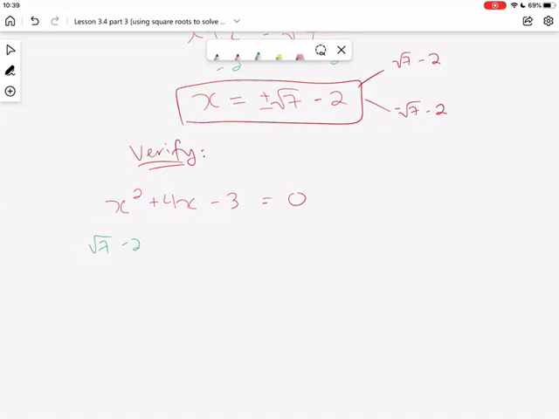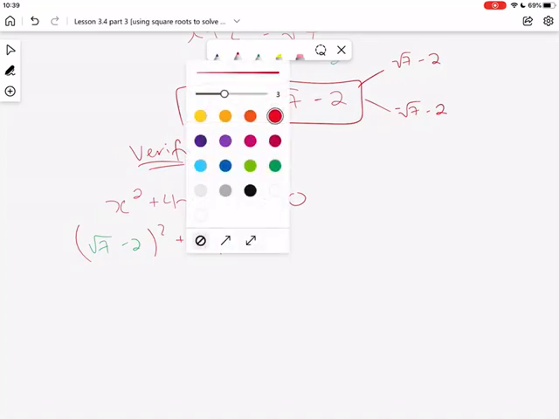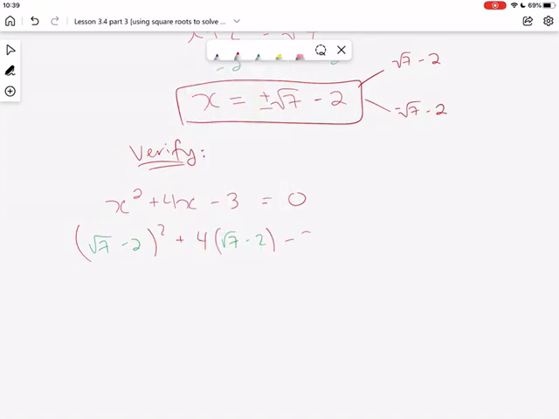So I have root 7 minus 2 all squared plus 4 times root 7 minus 2. And then we've got minus 3 equals 0.